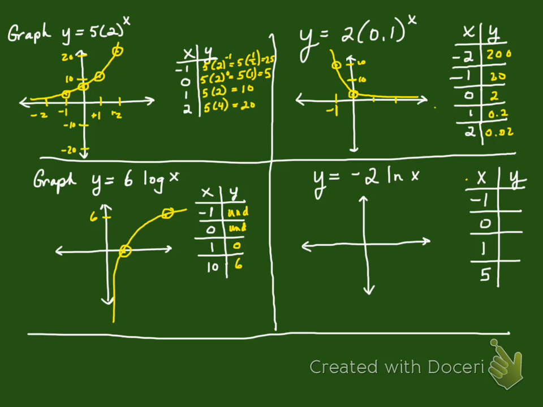In our last one, -2 times the ln of x. Again, here we go. It's a negative natural logarithmic function. So it starts at the top and ends down in a negative position. So it's moving from quadrant 1 to quadrant 4.